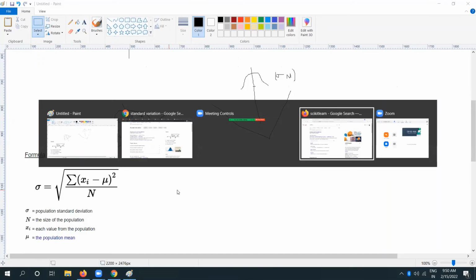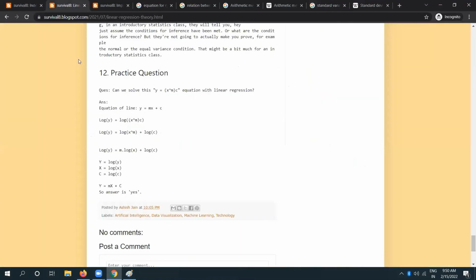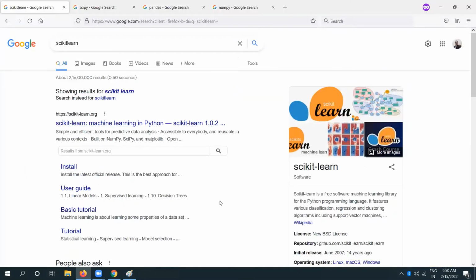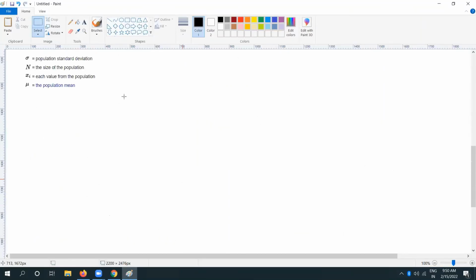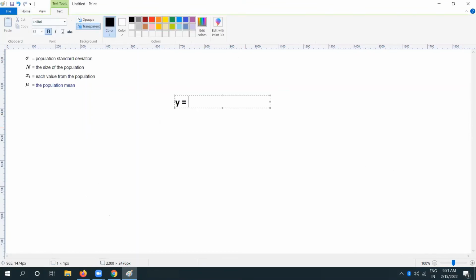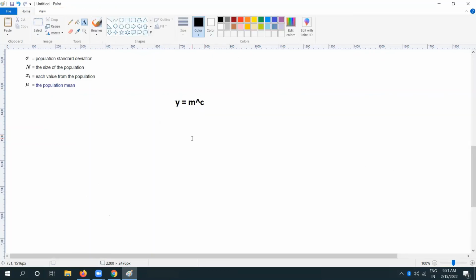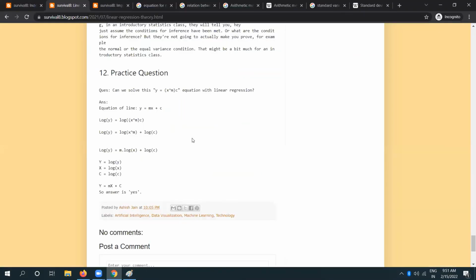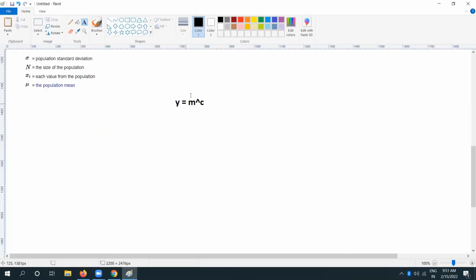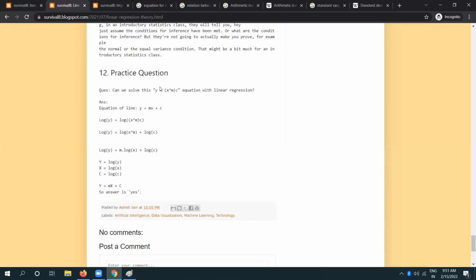And then the last part is this practice question. Can we solve it? I'll put it over here. It's not m to the power c.